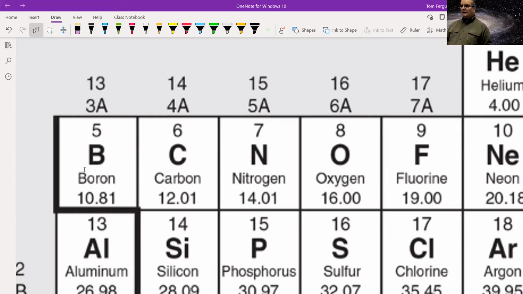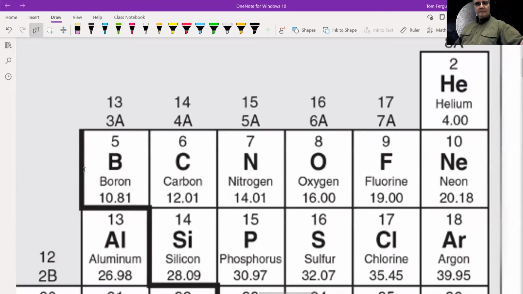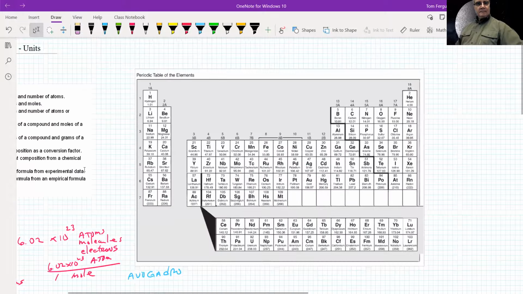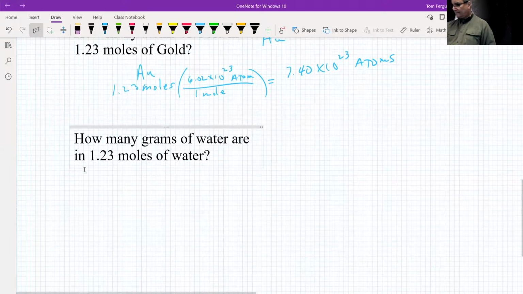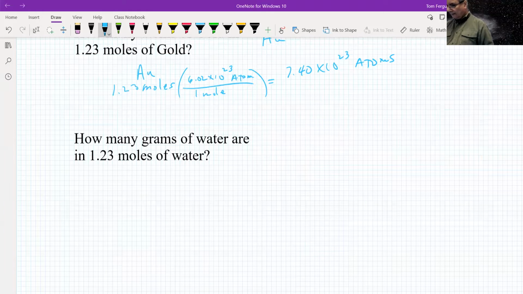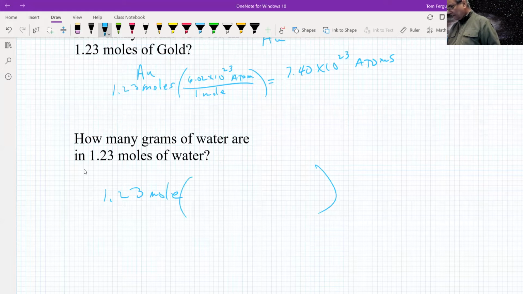Only we're going to use the molar mass of water, which contains 2 hydrogens and 1 oxygen. Okay, so we're doing 1.23 moles. And we need grams per mole for water.